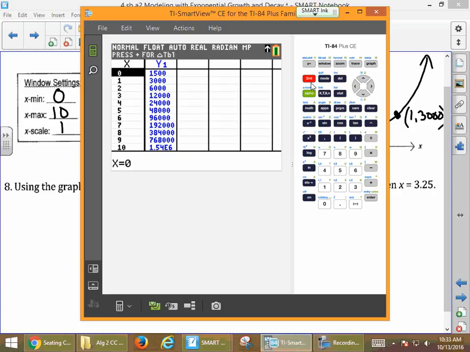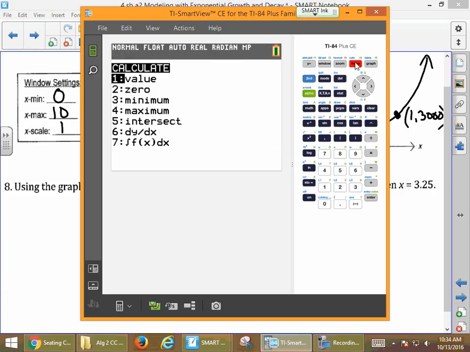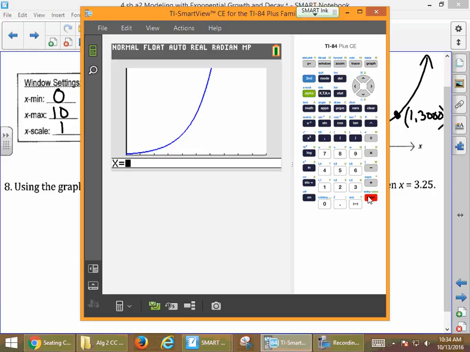We go to second, and then calculate, which is this trace button. If you look above it, it says CALC, trace, and number 1 says value. What we're going to type in there is 3.25. When we type that in, look at what we ended up with: the same value that we came up with algebraically a few minutes ago.